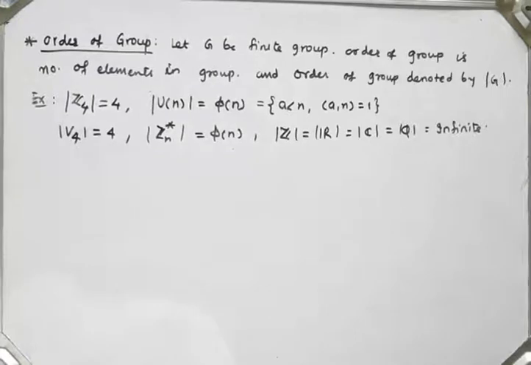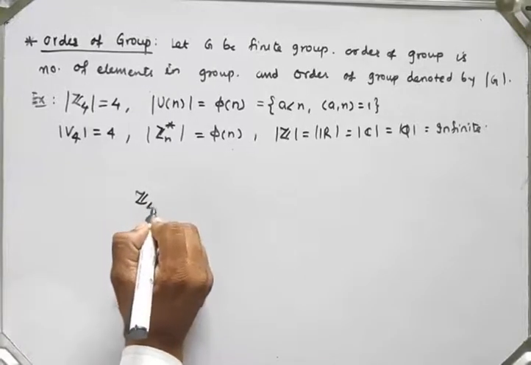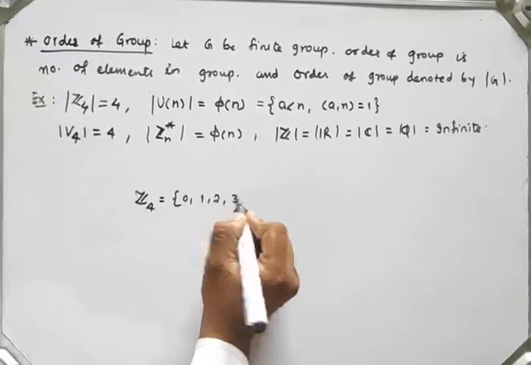Now let's see the definition of cyclic group. What is meant by a cyclic group? Suppose you have an example, Z4. Z4 has elements 0, 1, 2, 3.